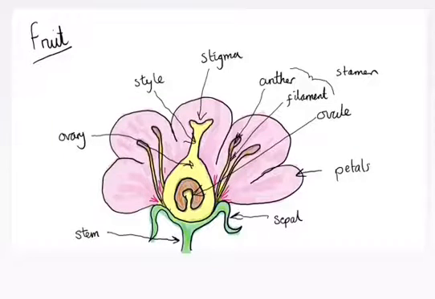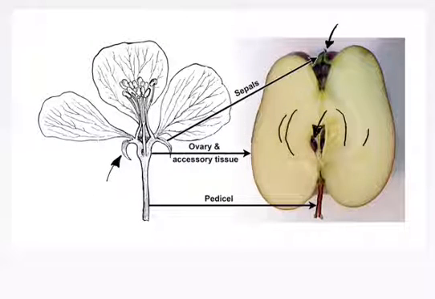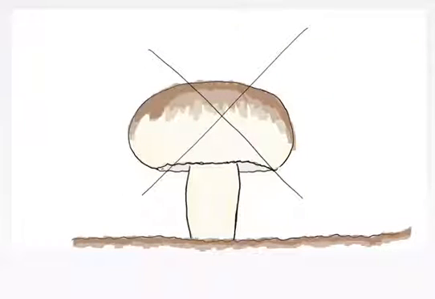We can tell it's a fruit because it's still got the seeds inside it that used to be the ovule. So if it's got seeds in it, it's probably a fruit. If it doesn't have seeds in it, it's a vegetable. You just have to work out which bit of the plant it was to work out which type of vegetable. If it's a mushroom, it's not a vegetable, it's a fungus. Still good for you, but different.